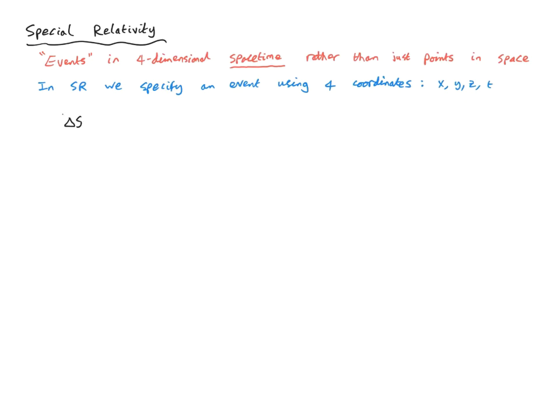Let's actually consider delta S squared as before. And this is defined as being delta x squared plus delta y squared plus delta z squared, as for the separation, the real space physical distance between 2 points in three-dimensional space.